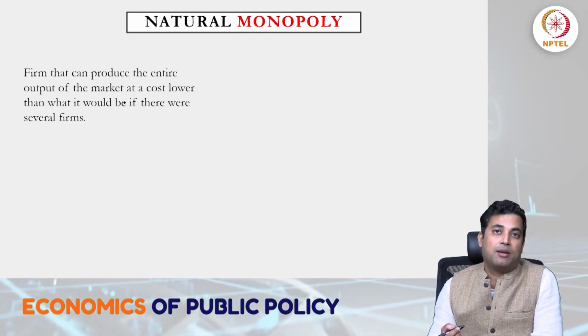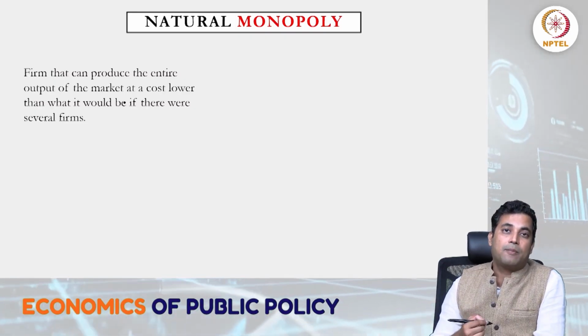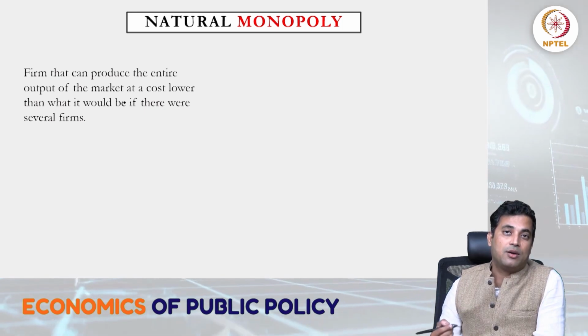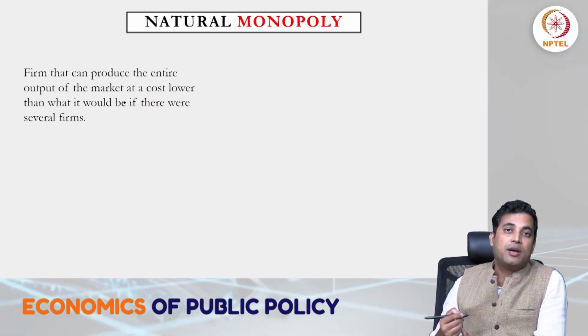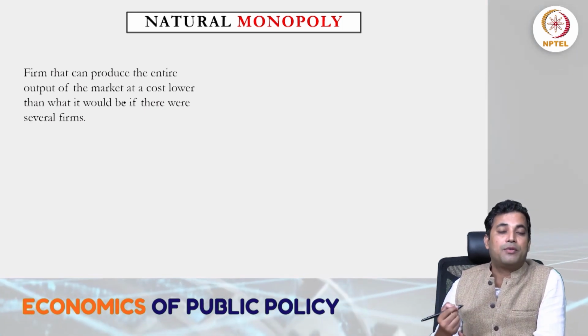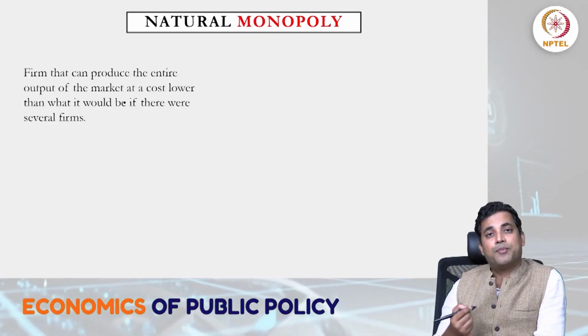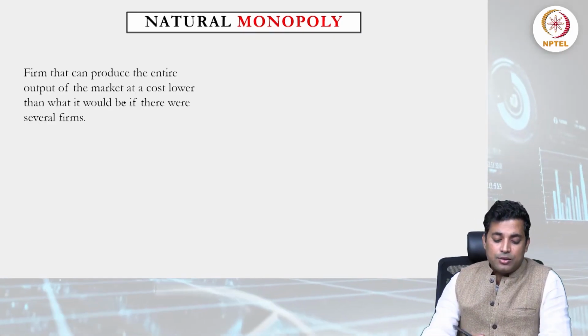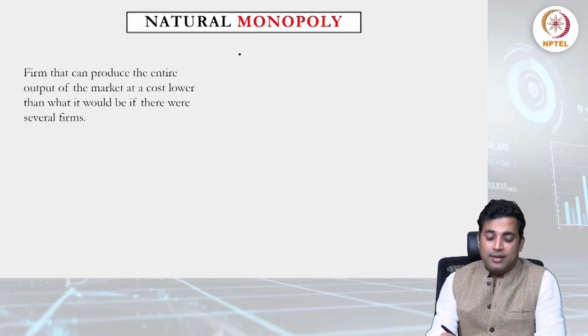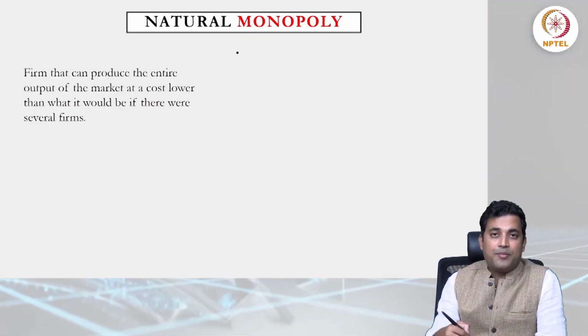In a way it is market power. Here the firm or organization, in the case of government, possesses the market power for the quantity produced. So let us discuss graphically.